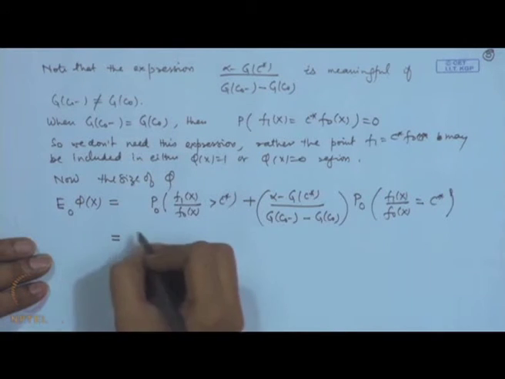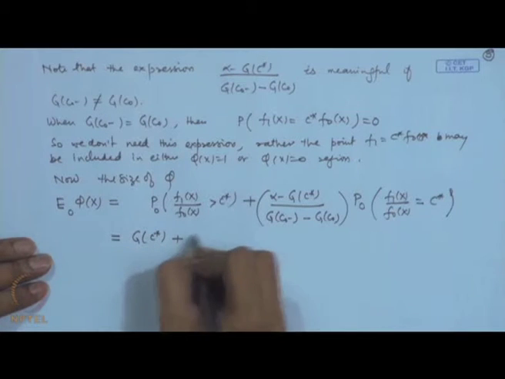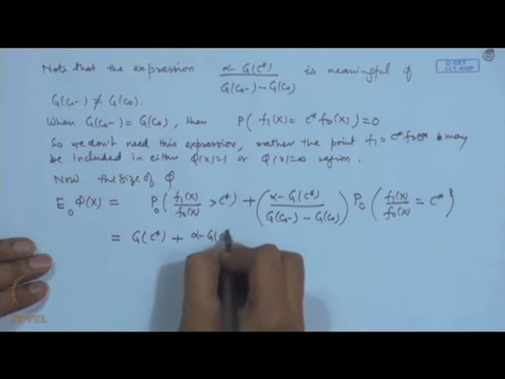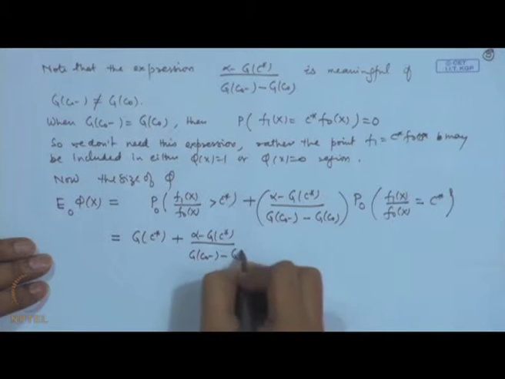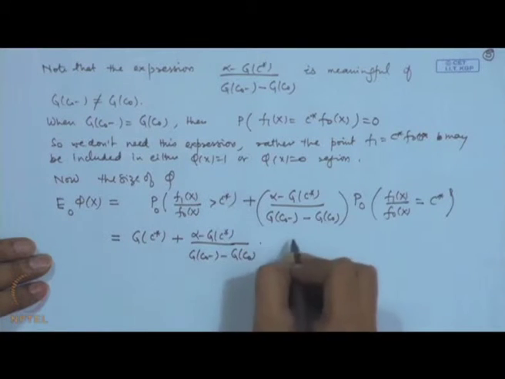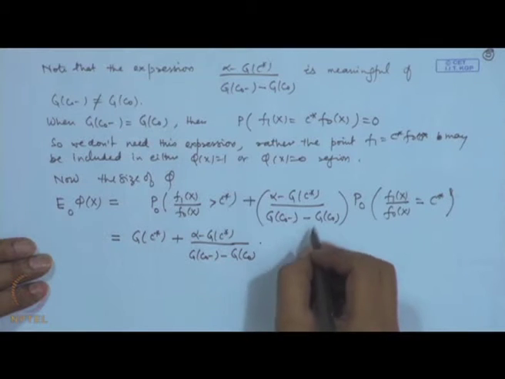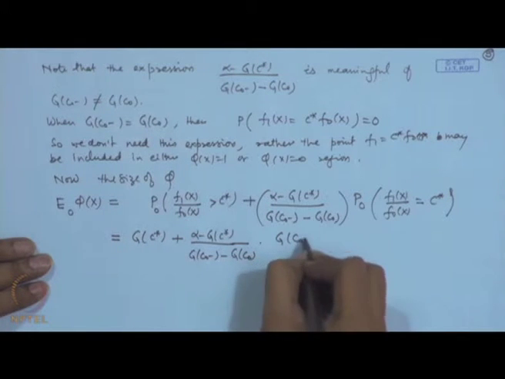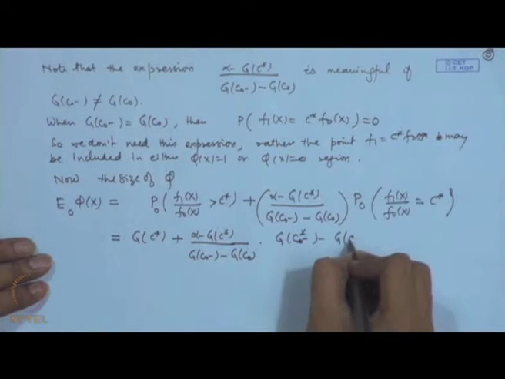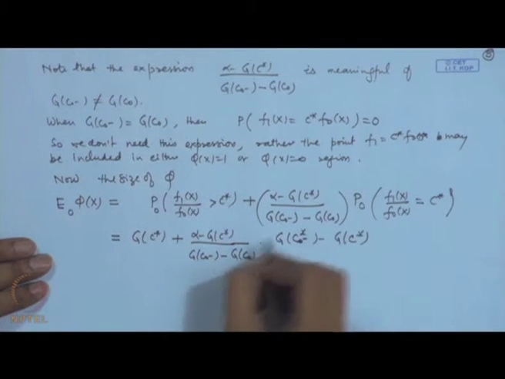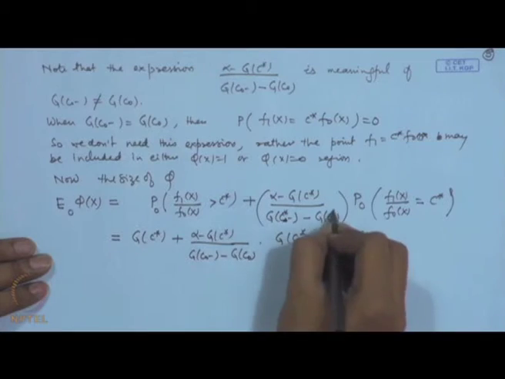So, that is equal to G(c star) plus alpha minus G(c star) by G(c star minus) minus G(c star), into this portion, which is once again G(c star minus) minus G(c star).